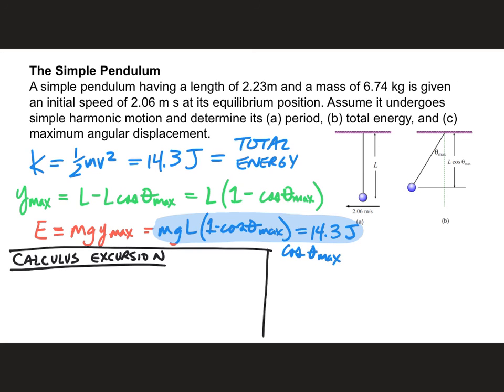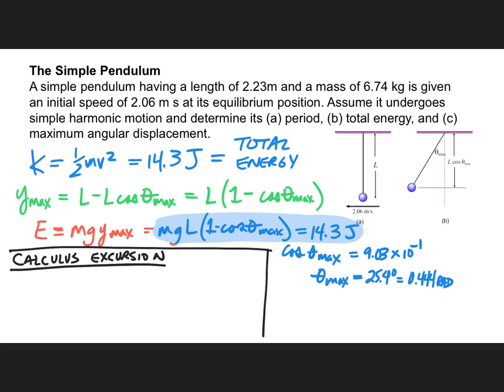I can solve for that given all the other givens, and I'm going to get 9.03 times 10 to the minus 1 radians, and that means that my theta max is going to be 25.4 degrees, which would be the same as 0.444 radians. Again, skipping math, that's trivial. That's an intermediate algebra equation. You're well past that. All right.